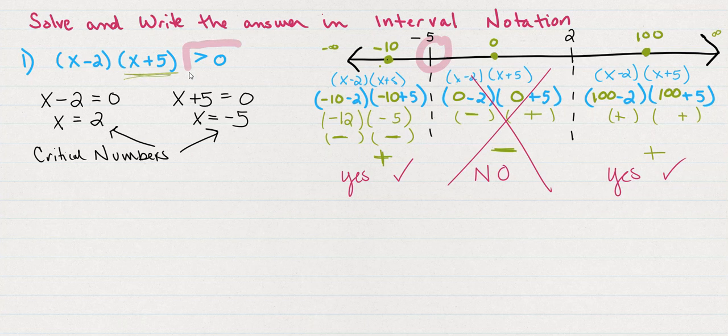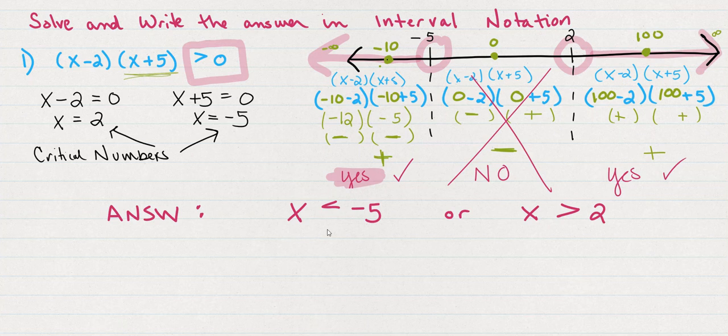Because we have a greater than, not a greater than or equal. If it was equal, we'd actually color it in as well, right? But we're just concerned with the negative 5 being the end point, not included. But because we got a yes here, we're going to say that this negative infinity to negative 5 is included in the solution, and the interval from 2 to infinity is included in the solution.